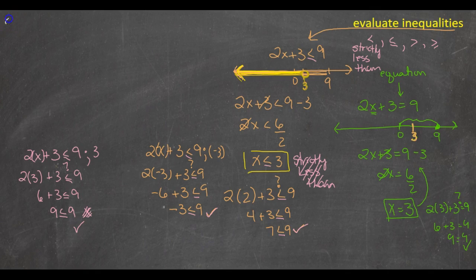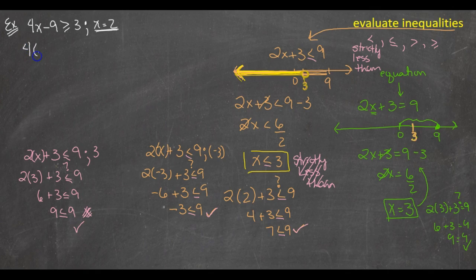So let's do a couple quick evaluations, which just means check the solutions. Let's say we have 4x minus 9 greater than or equal to 3. So this time we're looking for greater than and equal to. Oh, sorry, we're not solving at this stage. We want to evaluate this at x equals 2. So we're just going to check the solution, right? We're going to put in 2 to see if this is true.